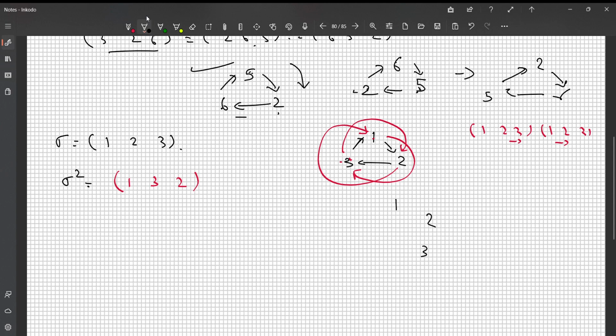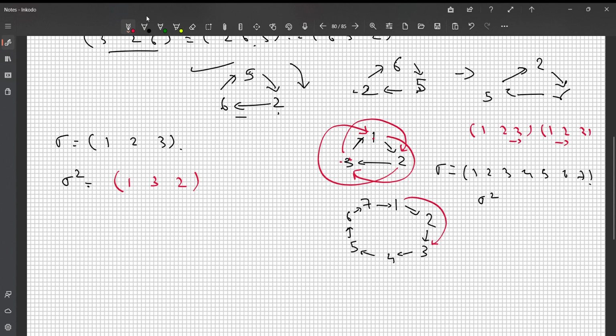So if you have sigma cubed, then you will have to skip two corresponding elements, right? Let's come up with an example. Suppose you have this cycle (1, 2, 3, 4, 5, 6, 7). So 1 goes to 2, 2 goes to 3, 3 goes to 4, 4 goes to 5, 5 goes to 6, 6 goes to 7, and 7 goes to 1.